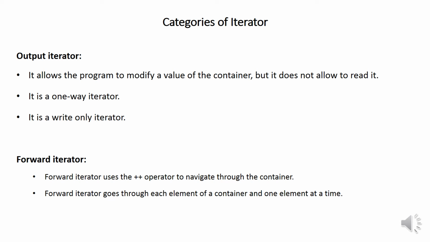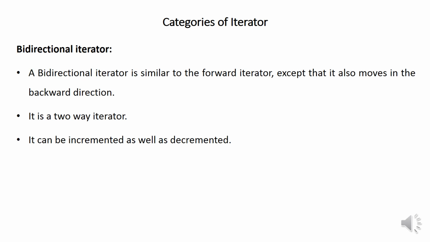The forward iterator uses the plus plus operator to navigate through the container and goes through each and every element of the container, but it takes only one at a time. Like the forward iterator, the bidirectional iterator will work as a forward iterator, but it goes forward as well as backward, meaning it works in a bidirectional way.